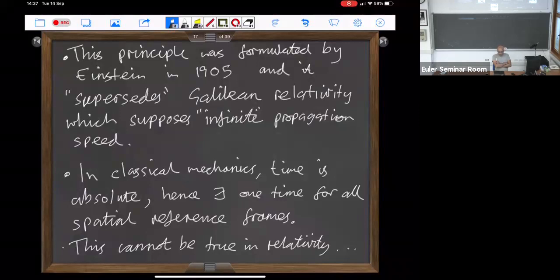And in the Galilean model of mechanics, or what Landau and Lifshitz call classical mechanics, time is absolute. So there exists just one time coordinate for all spatial reference frames.